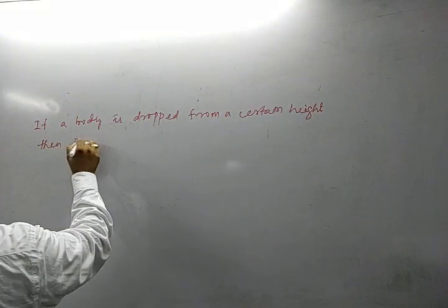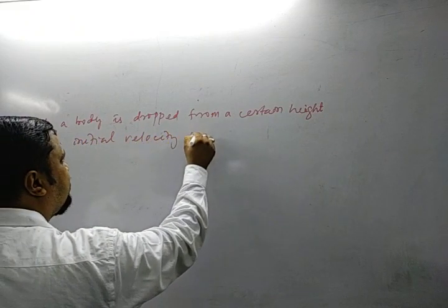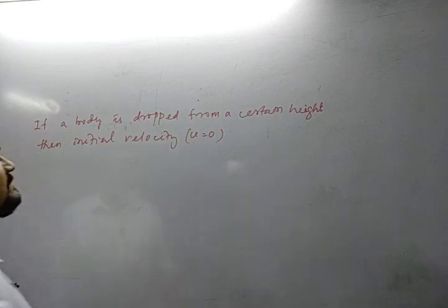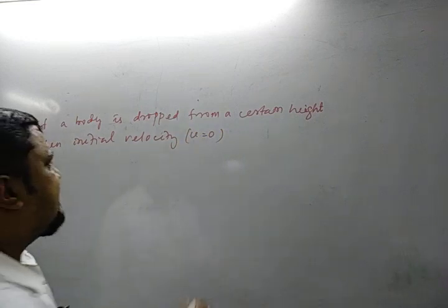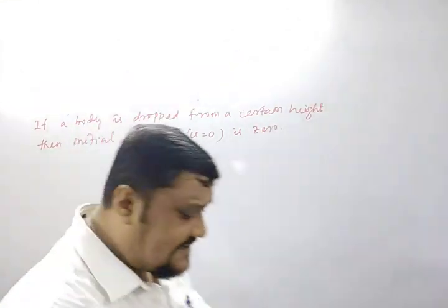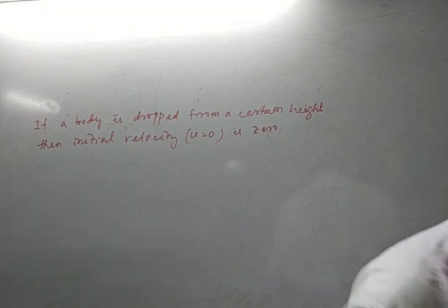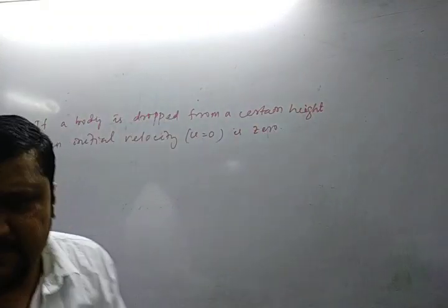Then initial velocity u is equal to 0. Under this situation, the equations of motion for a freely falling body. Now you tell me what I will write.